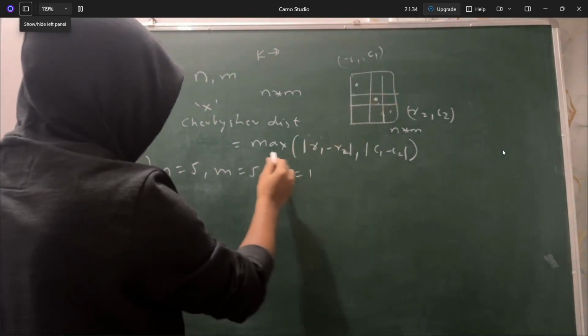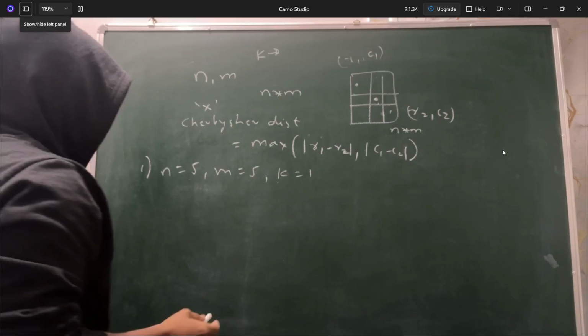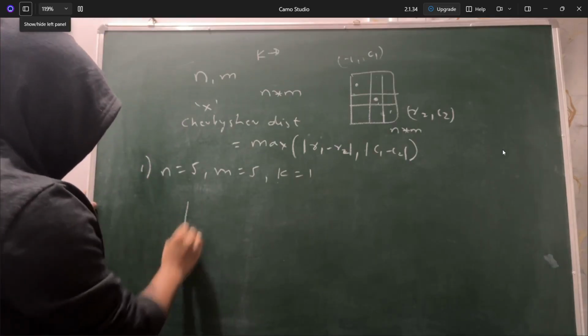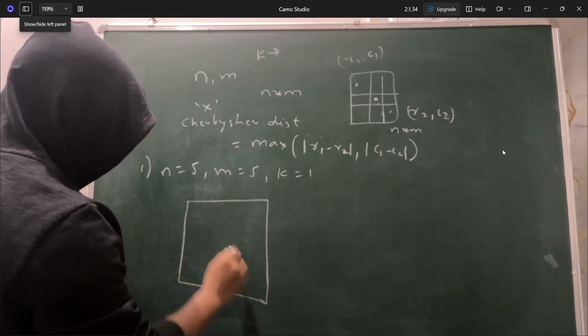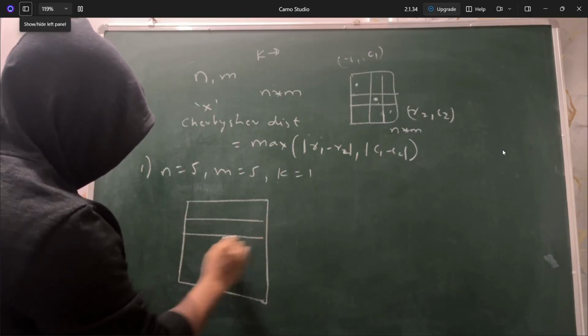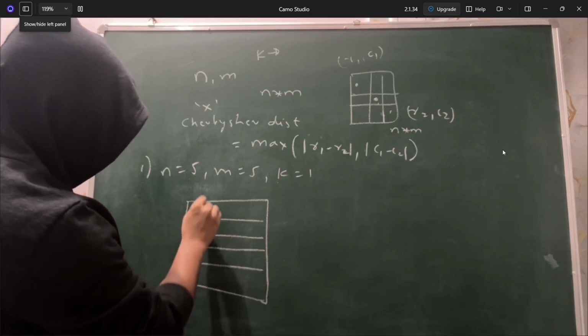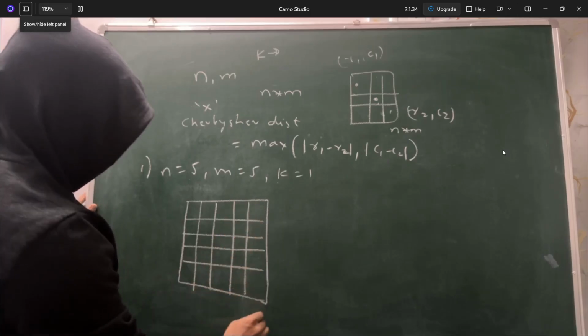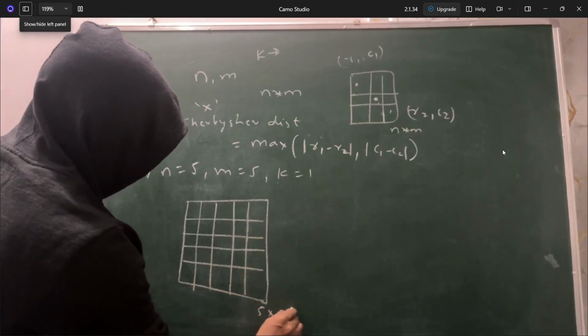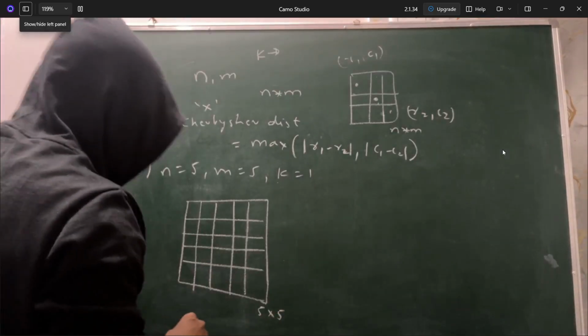That distance is given by this Chebyshev distance. So for the given example, n is 5, m is 5. Let me draw a 5 cross 5 matrix.